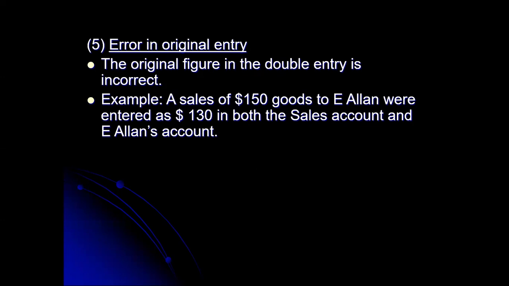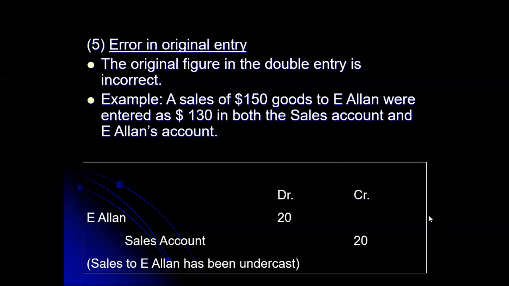Which means we have understated the amount on the debit and the credit side by $20. So we need to increase the amount owed to Allen and increase the sale. Hence, the correction for this is to debit E. Allen $20 and credit sales $20.